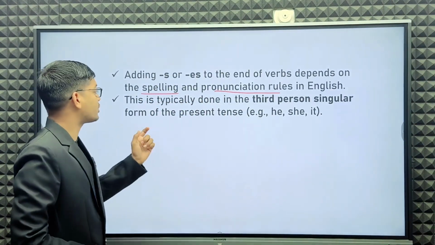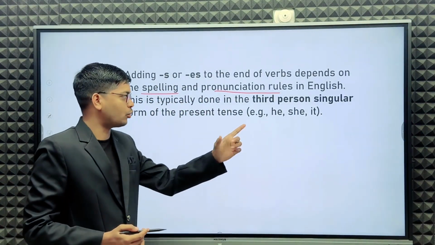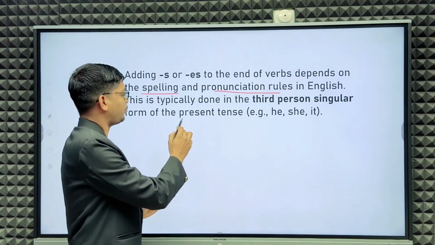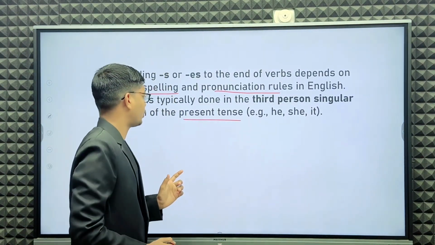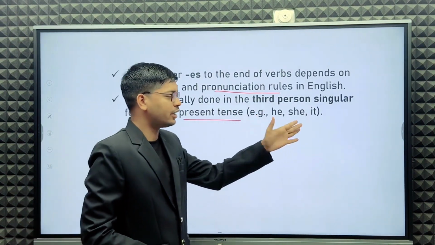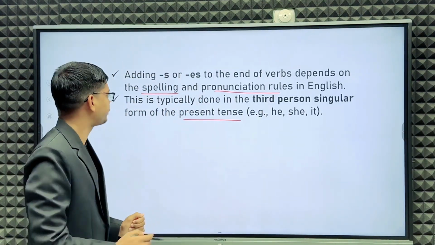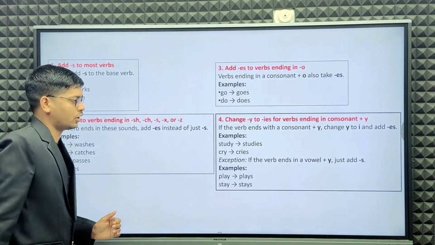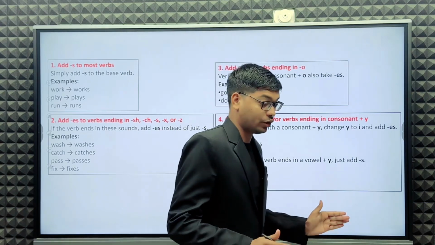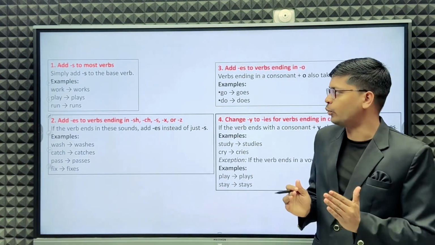This is typically done in the third person singular of the present tense: he, she, it. So let's see the rules one by one.